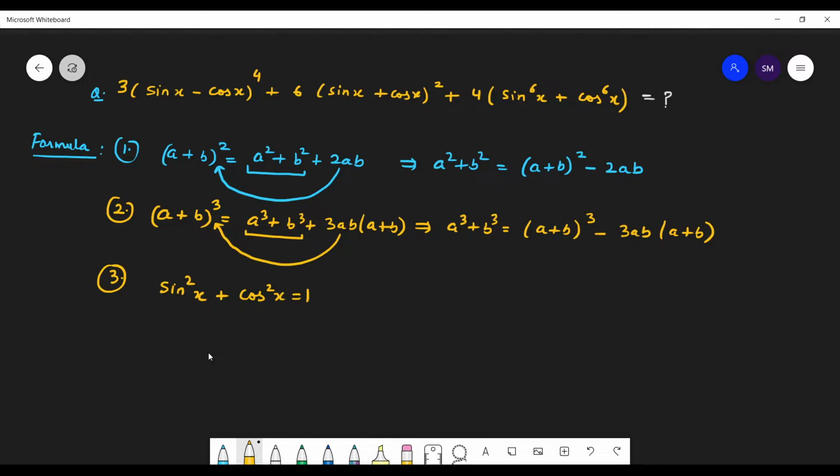So you have this one. Okay, clear students? Even if you don't remember it, you can simply use this identity.